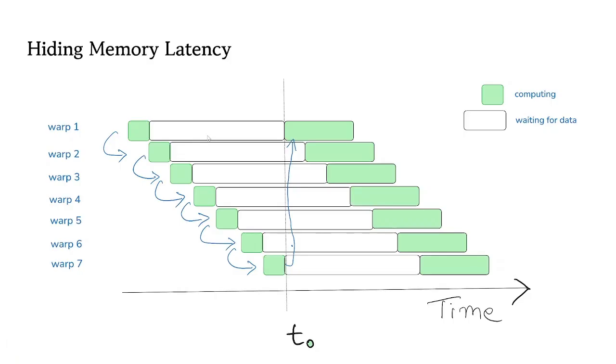There have been times the warps have been waiting for memory to come, but the GPU execution units have also been kept busy by computation. At this point, the data for warp 1 has arrived and it is now running, and so on. Once it is done running, warp 2 is ready to run and then warp 3, and they are run one after another. Because we can have a lot of warps, we can be more tolerant of the high memory access latency, because we're able to hide the latencies with computation.